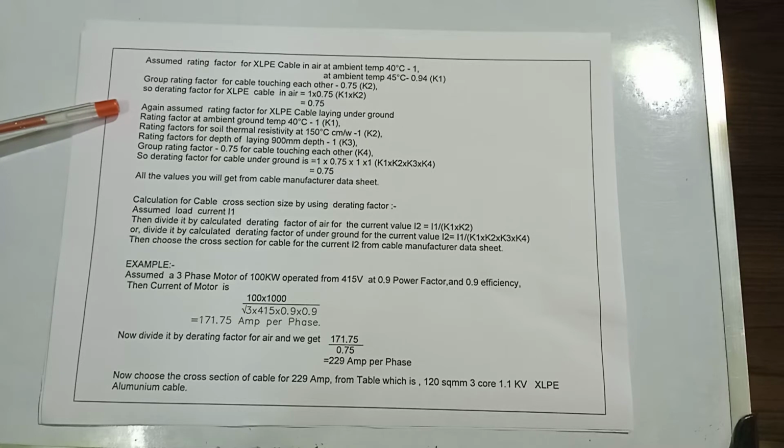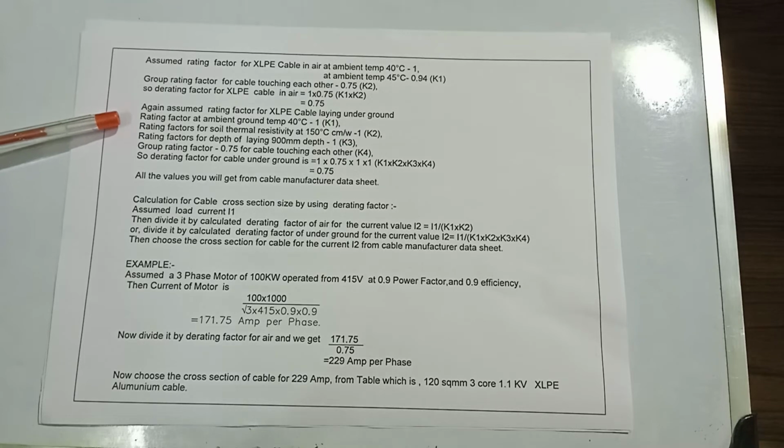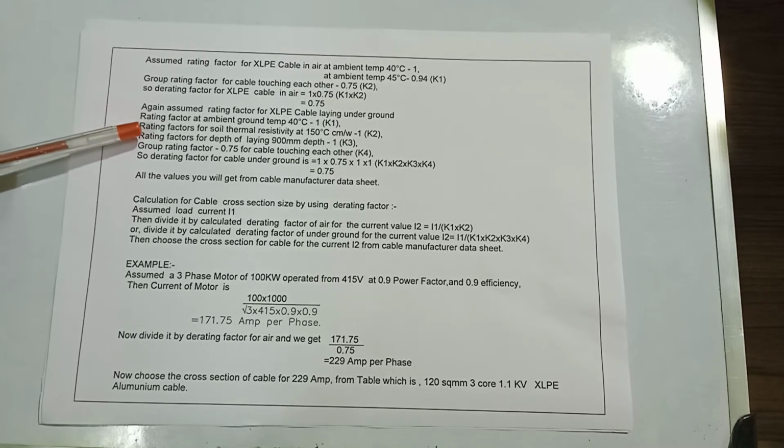Again, assumed rating factors for XLP cable laid underground. Rating factor at ambient ground temperature 40 degrees centigrade is 1, which is K1. Rating factor for soil thermal resistivity at 150 degree centigrade centimeter per watt is 1, which is K2.